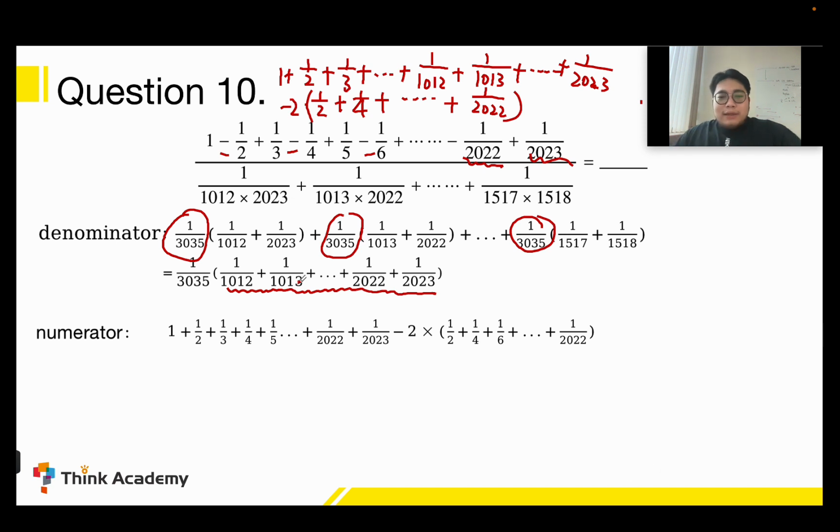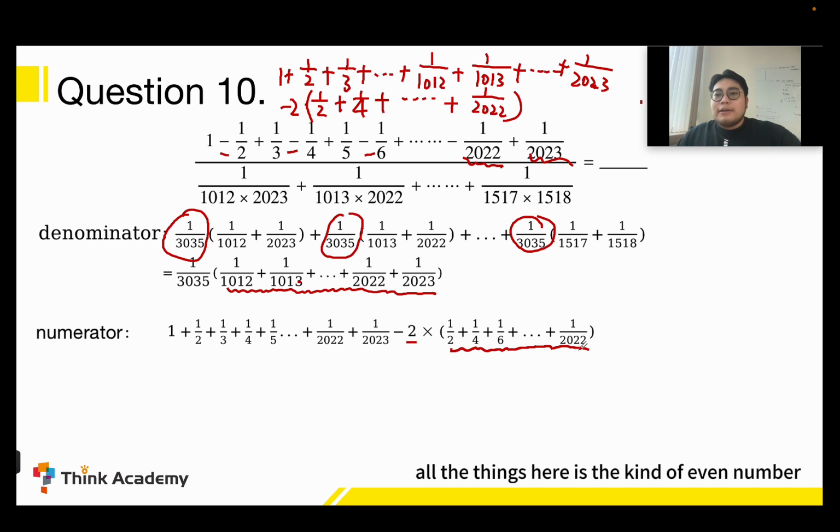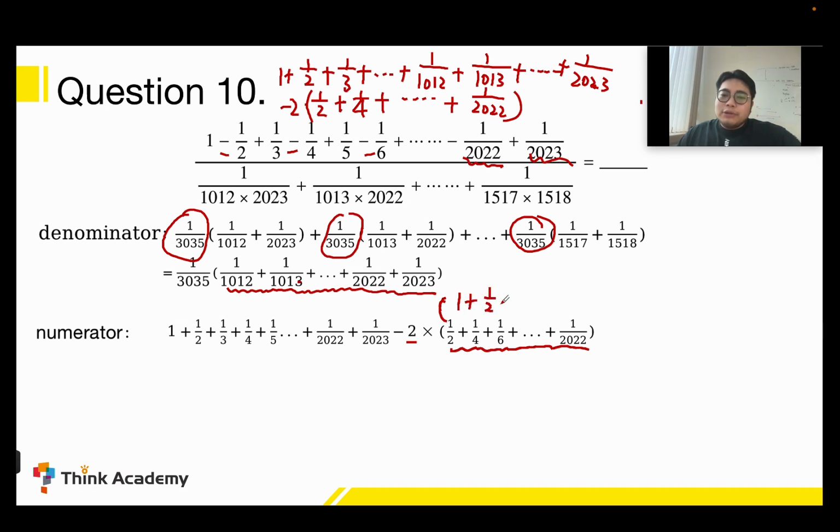What's the next step? You see, 2 times this part. All the things here are even numbers, so I can just put the 2 inside the bracket. It will become 1 plus 1 over 2 plus 1 over 3 plus and so on, up to 1 over 1011.